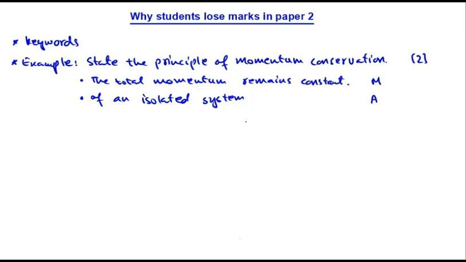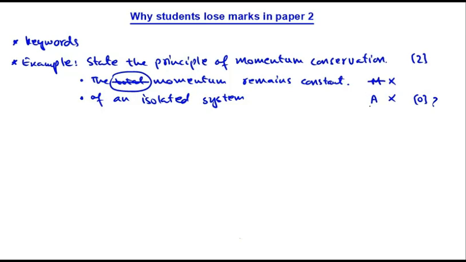Now students, note that if we omit just one word, total, from the first part of the statement, we will lose both marks, M and A, and end up getting a 0. Let me explain why. Actually, students, total is the keyword in the first part of the statement. So if we omit it, we will lose the M mark.